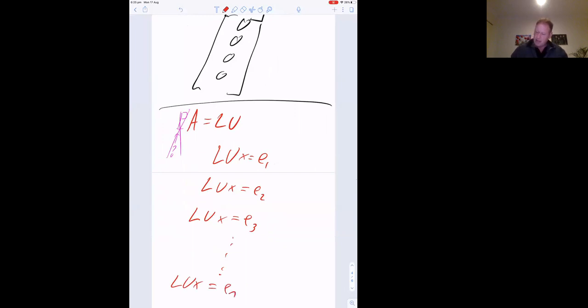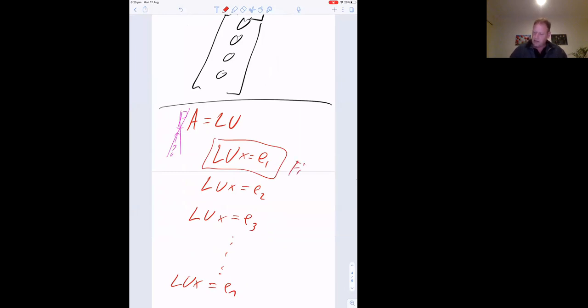Each time you would use this to find x. Let me call these x1, x2, x3, up to xn. Then A inverse is going to be the matrix with columns x1, x2, up to xn. Ran out of space. Okay, I hope that's clear.